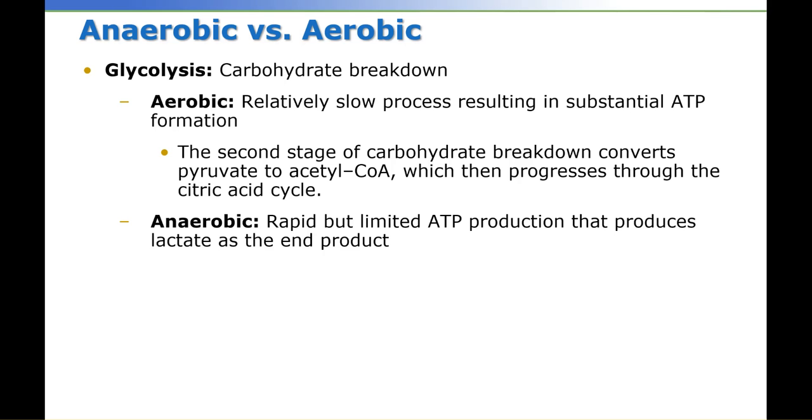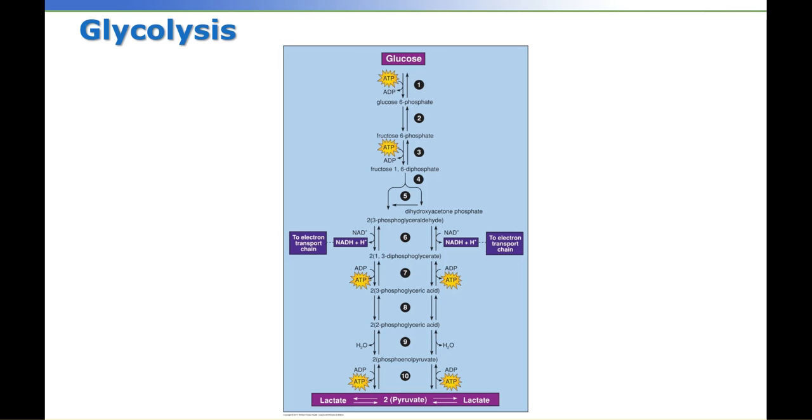So if there is no oxygen present, then the end product becomes lactate. All right, not pyruvate. And it's limited amount of energy coming out of it. So that's one thing to think about through glycolysis, is that the net ATP production is very small, but it happens very fast. The ability to gain energy from this system.